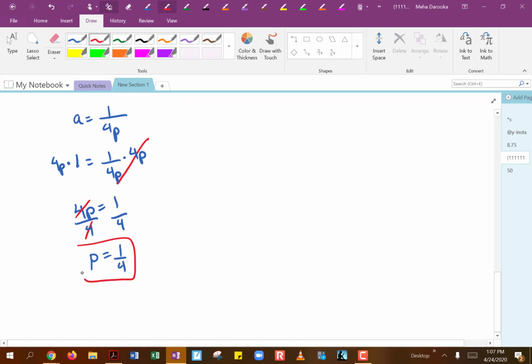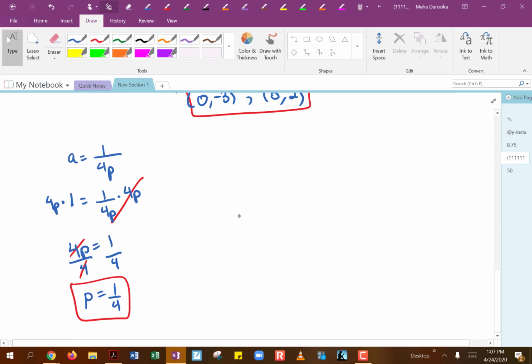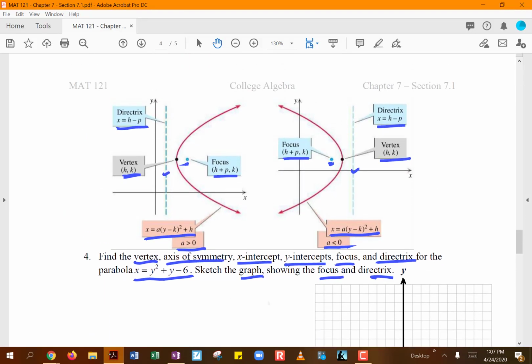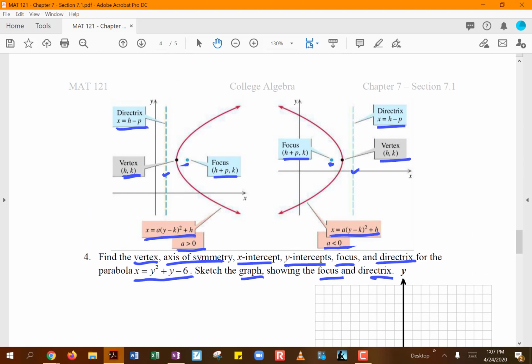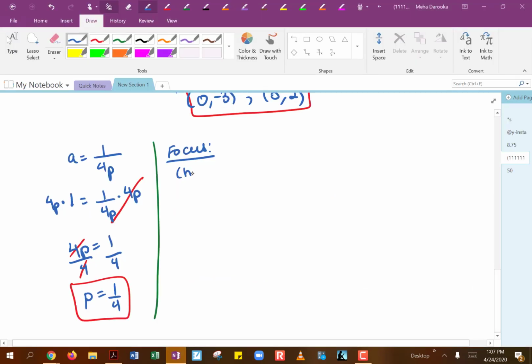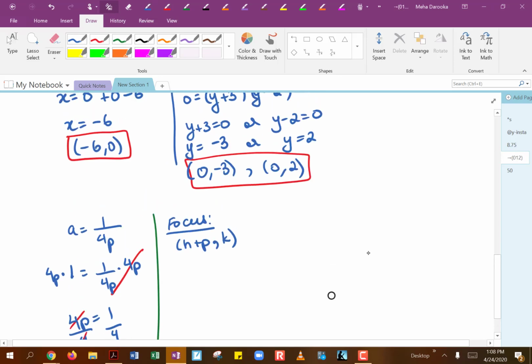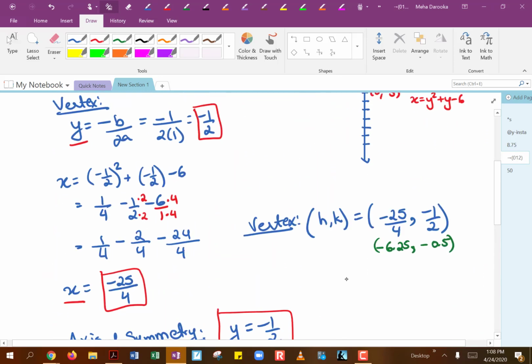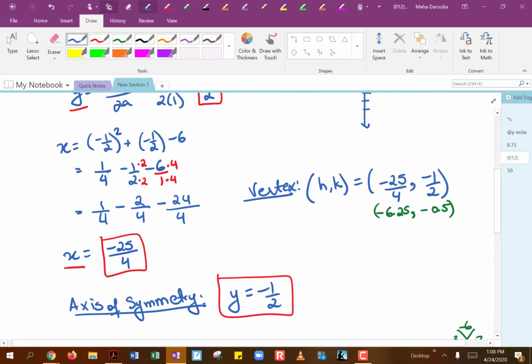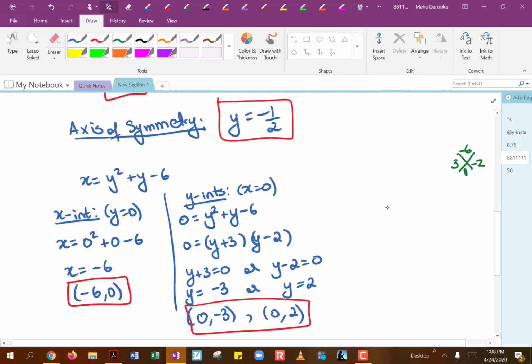Now once we have the p value, then we can find our coordinates for the focus and the directrix. So let's start with the focus first. Now remember, the focus, when your parabola is opening to the right, is h plus p comma k. Our h and k values we can get from the vertex. So our h is -25/4, k is -1/2.